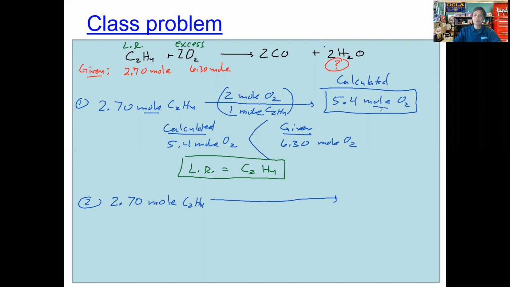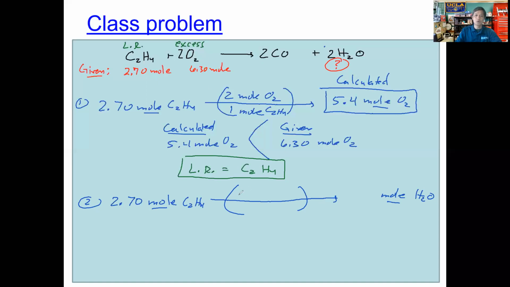But this time, instead of finding the moles of oxygen, we're going to find the moles of water that is going to be produced. Again, for this calculation, we don't need any of the other conversion factors because the units are already in moles. So this is a moles to moles conversion. We just need the mole ratio, which is a 2 to 1 mole ratio.